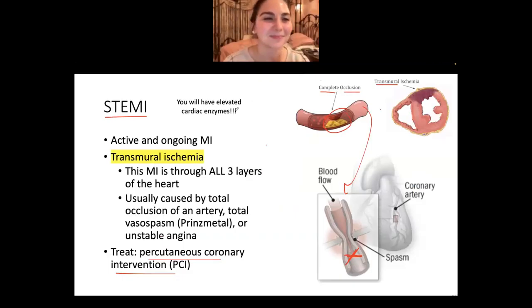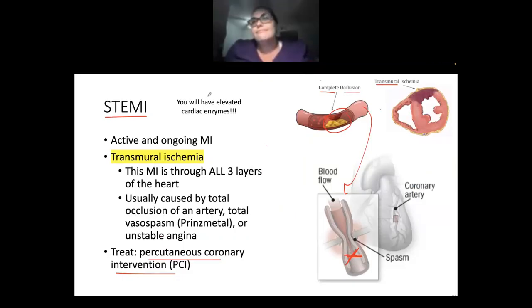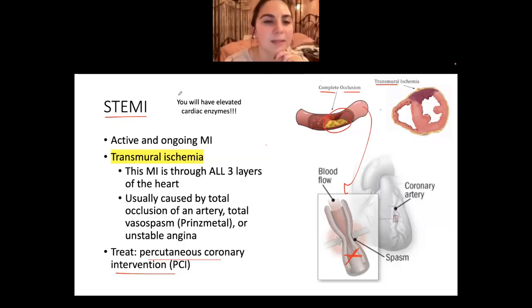The other thing I want to mention about STEMIs, because we're going to talk a little bit about angina, just a little baby bit. With STEMIs and NSTEMIs, you're always going to have elevated cardiac enzymes, and that's your true feature of an MI. So these are both MIs. Even though what's happening is different, they're both still myocardial infarctions. There's still loss of oxygen to the tissues.